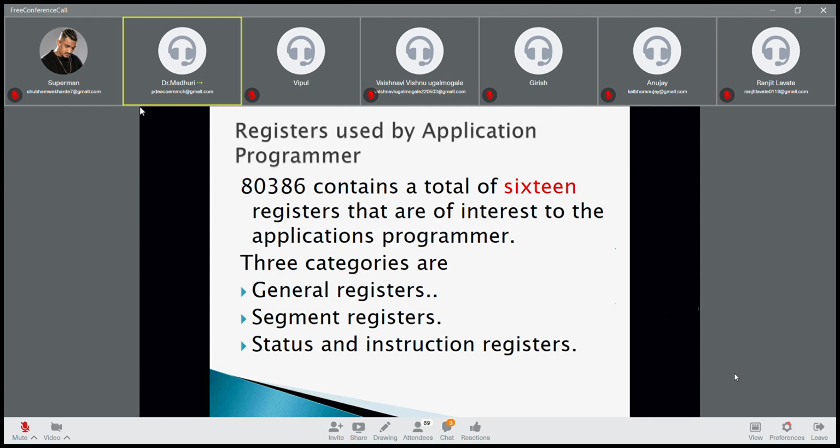Now, the registers are used for what? Anybody know what you mean by register? I want an answer from you.